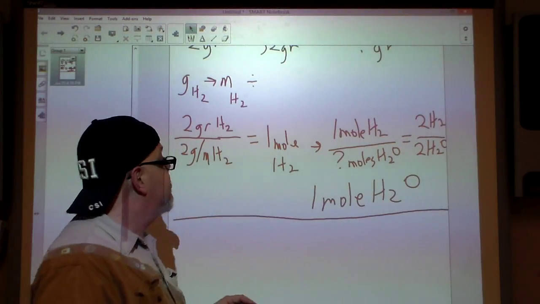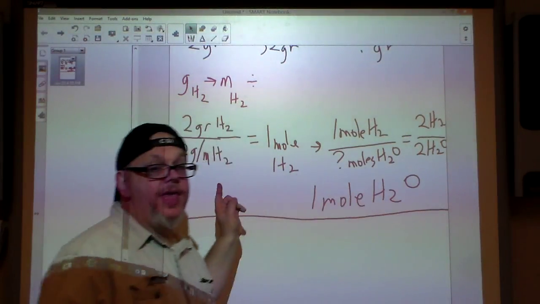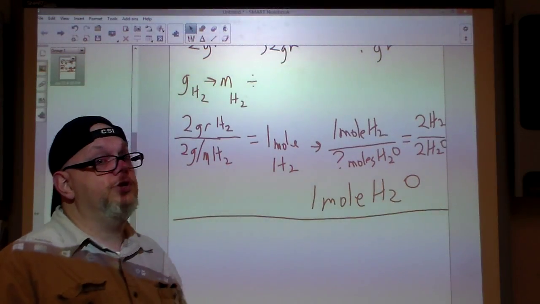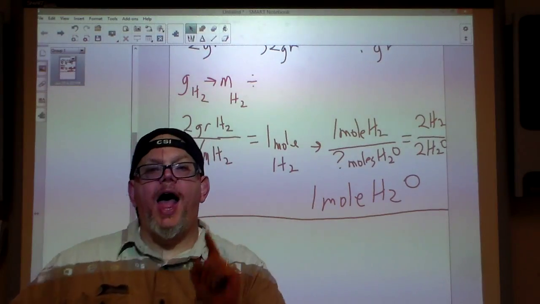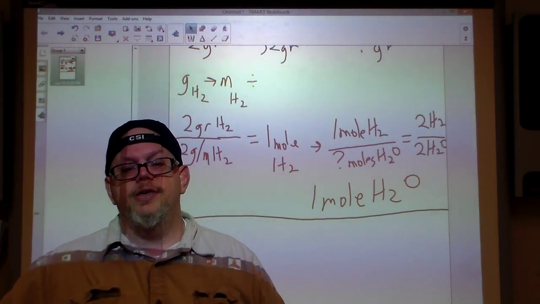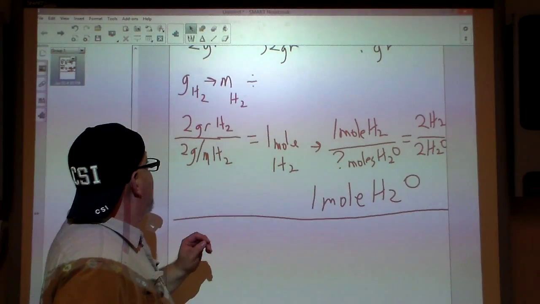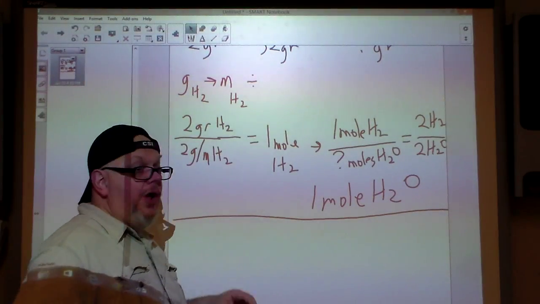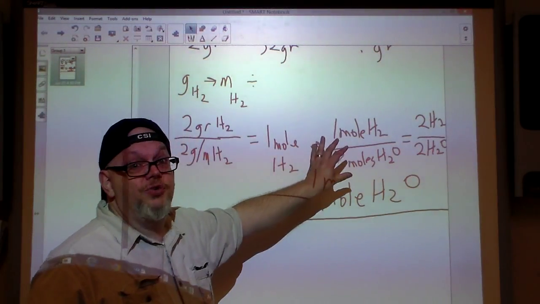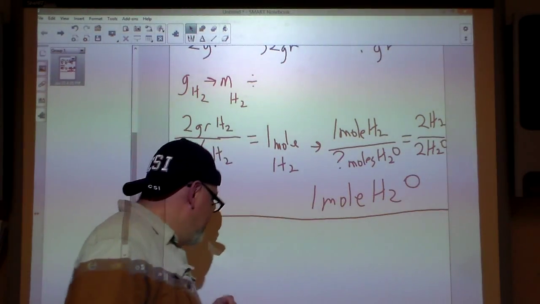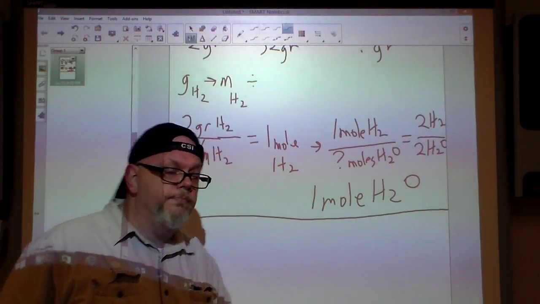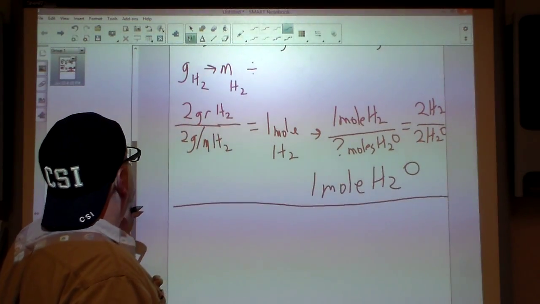Now I'm going to go to the second part. The second part is we're going to do the exact same thing, except we're going to do this with oxygen. Why? Well, we're going to assume that hydrogen is in excess this time, whereas here we assumed oxygen was in excess. I'm going to switch to a different color, blue, and we're going to see.